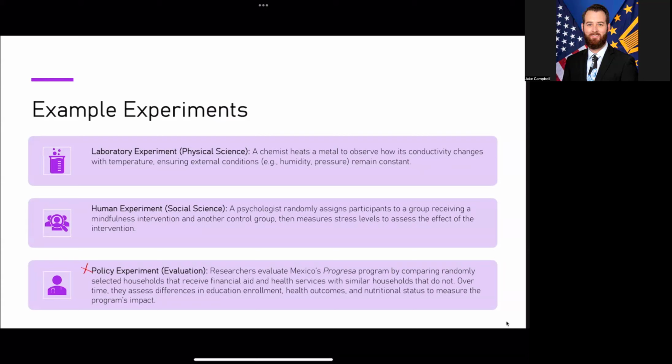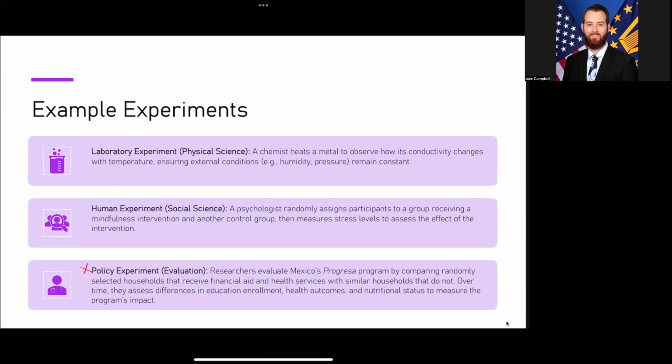Lastly, there's an example here that is more of a policy experiment. In this class, as we're thinking about program evaluation, large scale evaluations of government services and programming, it's very often the case that it's difficult to do experiments of this size. But one of the optional evaluation articles you can choose to read, which is really interesting, is on a program in Mexico called Progresa, which was a social welfare program designed to give money to households, both financial aid and health services support.